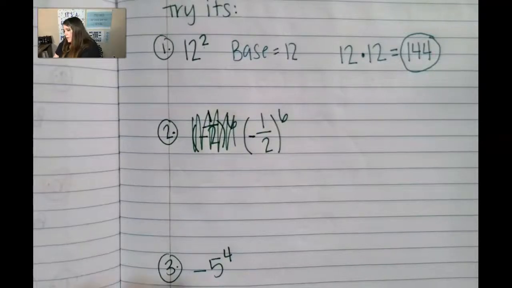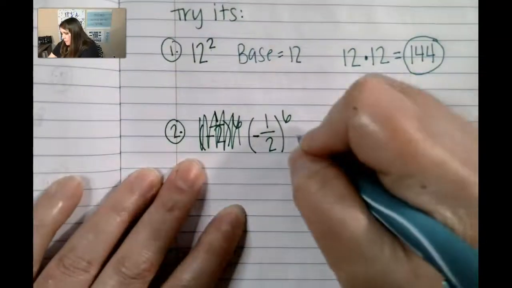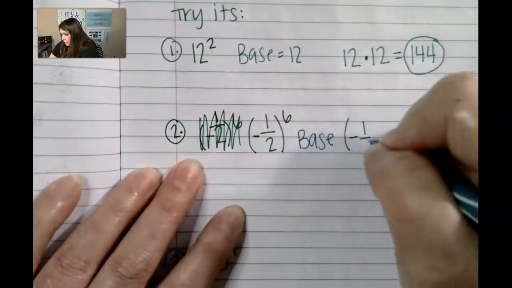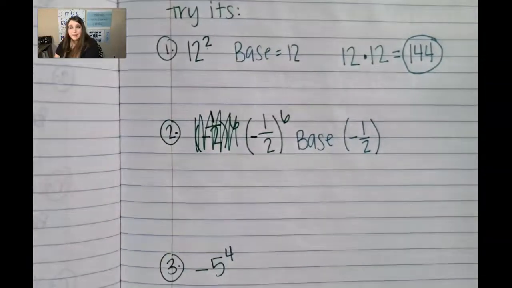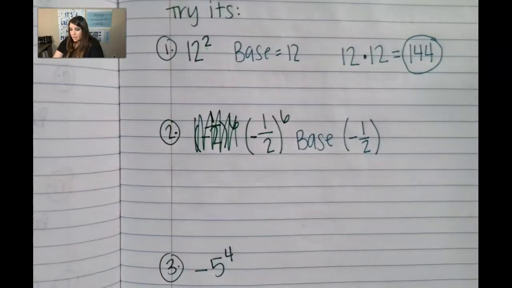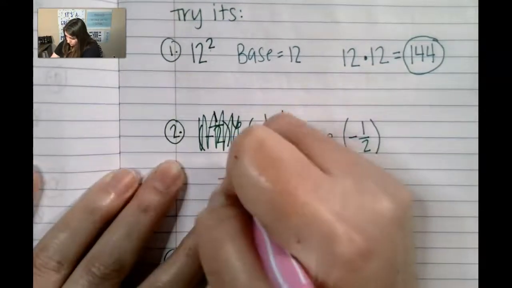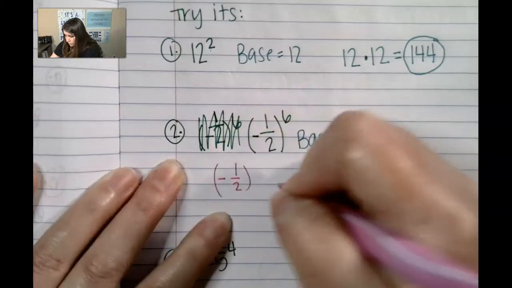And then the next one we have here, our base is negative 1 over 2 in the parentheses, so it includes the entire fraction, and we're going to write it 6 times in the parentheses.